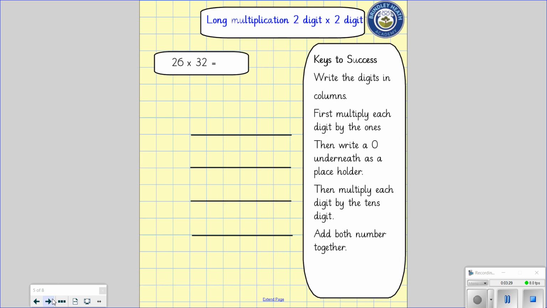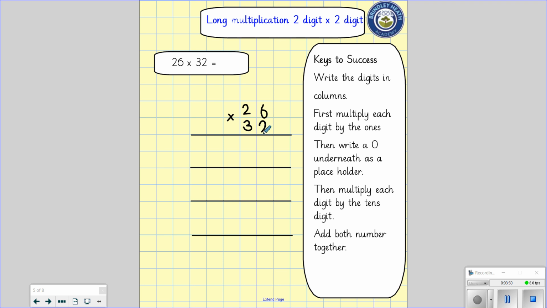Once we have mastered that, we can look at long multiplication to solve a 2-digit multiplied by a 2-digit calculation. So here I've got 26 and I'm multiplying 26 by 32.